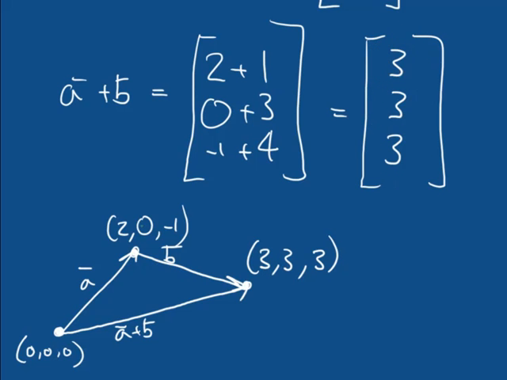If we start at the origin, so 0 in x, and we travel to 3 in x, that must mean that we have an x component of 3. Likewise for y, we started at 0 and travelled to 3 in y, therefore our y component must be 3, and the same for z, we started at 0 and travelled 3, so we must have a component of 3 in z. So hopefully you can see the graphical representation.